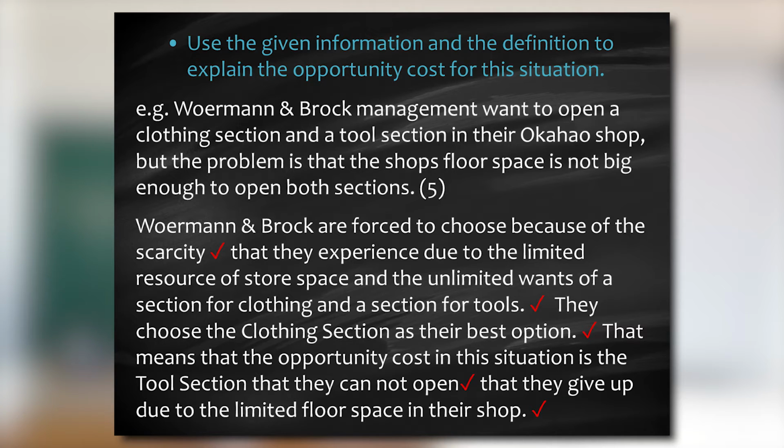Then, as the next point, you will say that this causes scarcity, so we are forced to make a choice. And then Woermann and Brock make the choice. They decide on the clothing department and they give up the tool department. And the tool department that they give up is the opportunity cost, because opportunity cost is the cost of the good and the service I forgo.